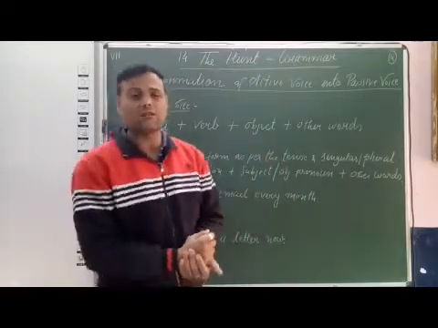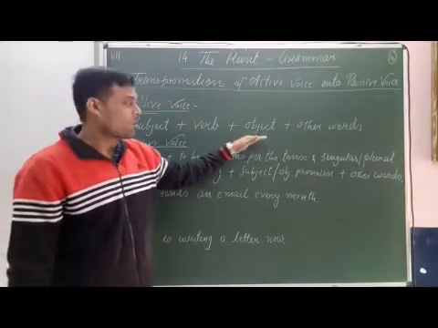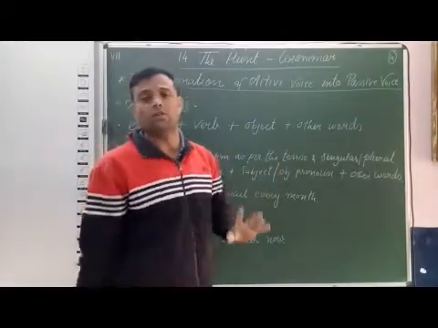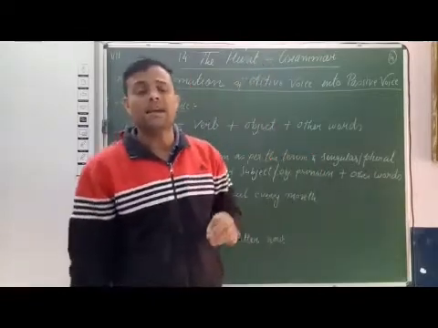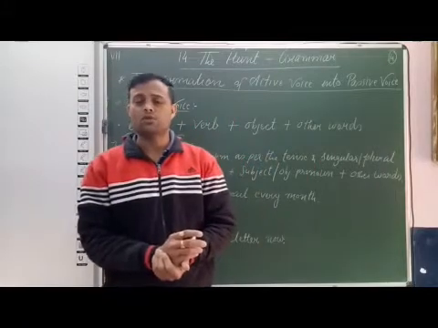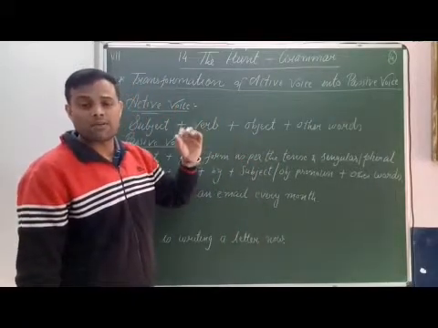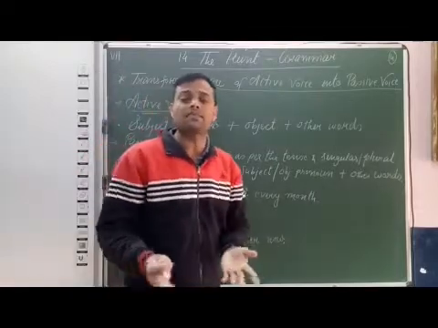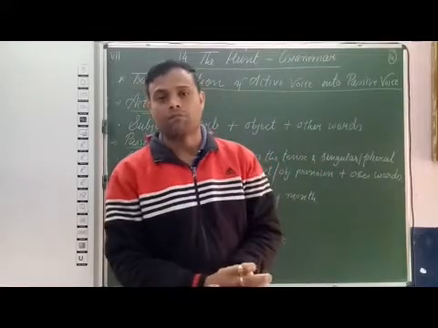See the sentence structure of active voice: subject, verb, object, other words, full stop. Students, here verb means not only one verb. Some of the times we know that in some tenses we use helping verbs also.